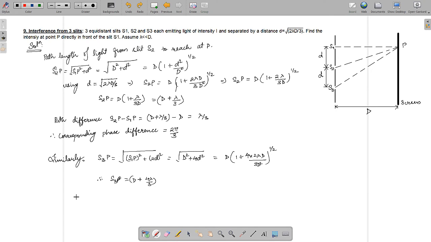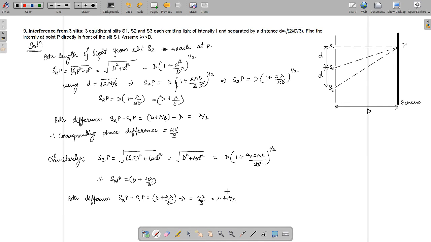Now, the path difference S3P minus S1P is equal to D plus 4 lambda by 3 minus D, which is 4 lambda by 3, which can also be said to be lambda plus lambda by 3.